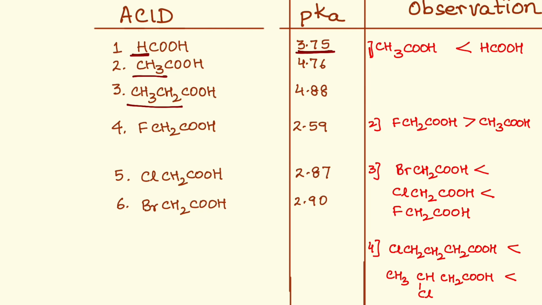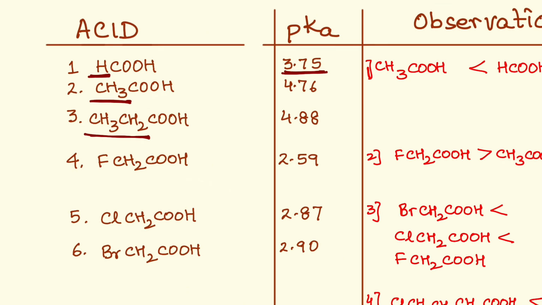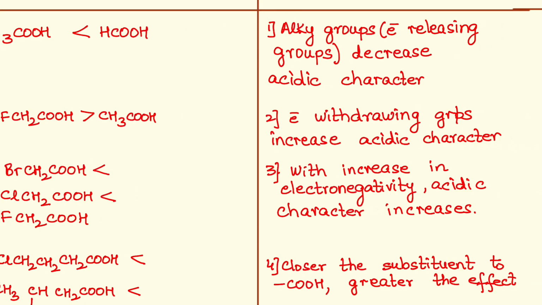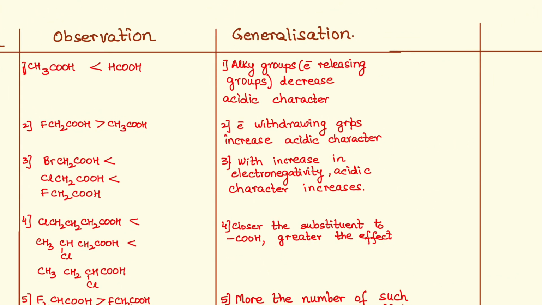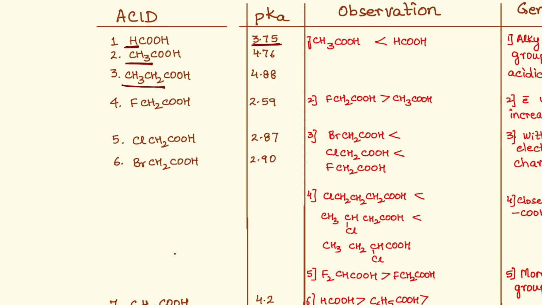There is no alkyl group in the first one, there is CH3, the alkyl groups get bigger. So we give the generalization that alkyl groups, and what are alkyl groups? Yes, they are electron releasing groups. Alkyl groups decrease acidic character. Why does this happen? We shall discuss that later on.